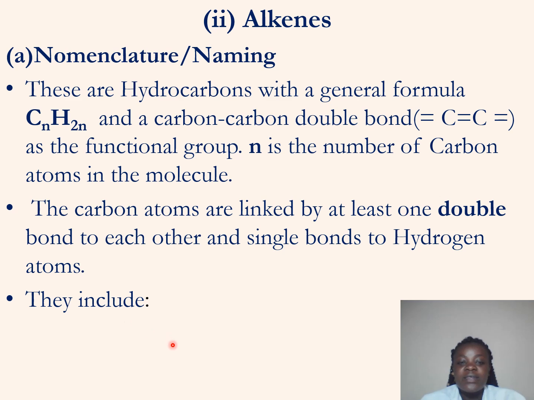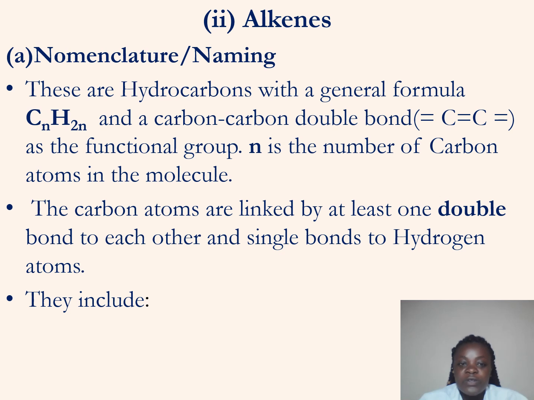Then these carbon atoms, we have said they are linked with a double bond and a single bond to hydrogen atoms. So if it is for ethene, the carbon-carbon link will be a double bond, but the carbon-hydrogen links will be single bonds.